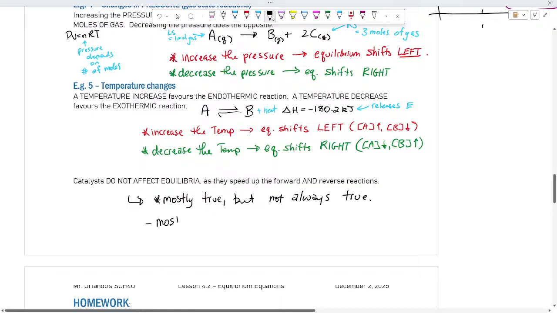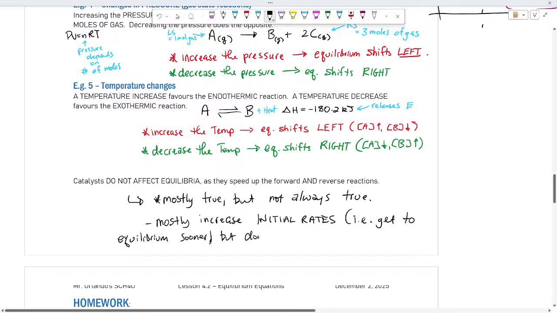So they mostly increase initial rates, i.e. get to equilibrium sooner, but don't change the equilibrium K value. Now, again, that is not always true, is my understanding.